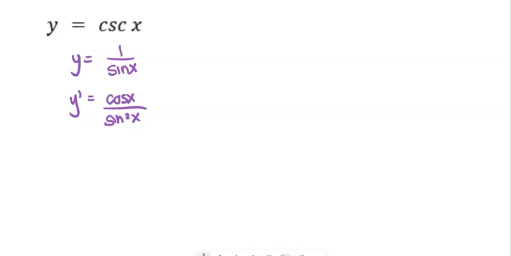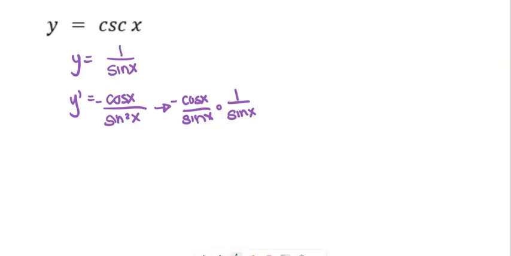And I can pull this apart. So I actually have cos x over sine x times 1 over sine x. Sorry, and this should have a negative here too. Okay, so I've just pulled this apart into two functions.